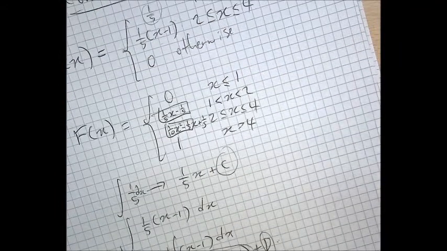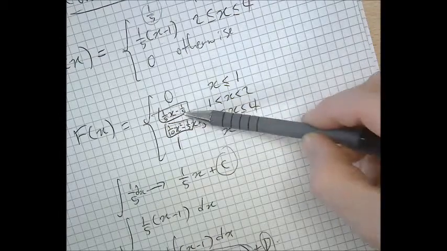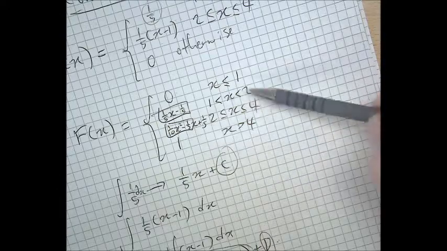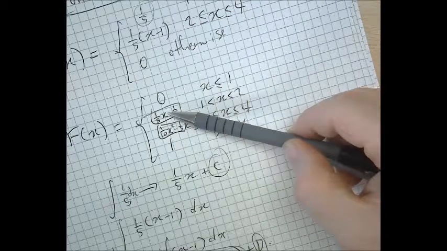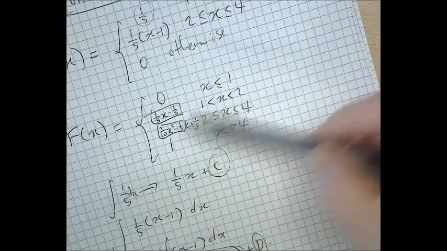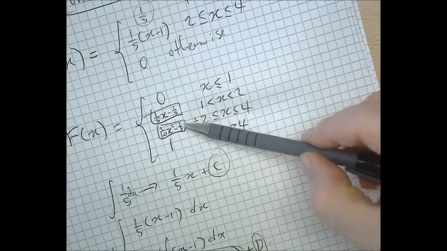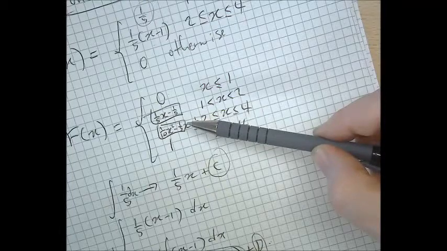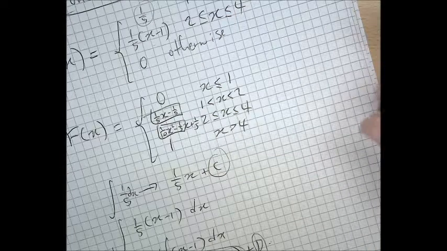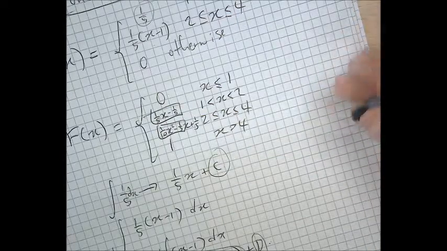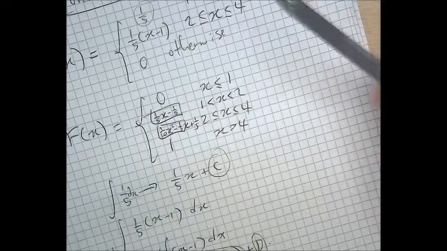Okay. Now let's just check if this is going to be continuous. I need to get the same value for when this algebra kicks out at 2 as for when this algebra kicks in. So in other words, if you put the number 2 in there, you should get the same both for this algebra and this algebra. If you put the number 2 in there, you get a fifth. If you put the number 2 in there, you get 4 tenths minus 2 fifths, plus 1/5. Let's just check it again.